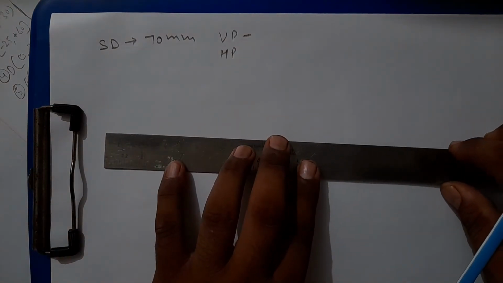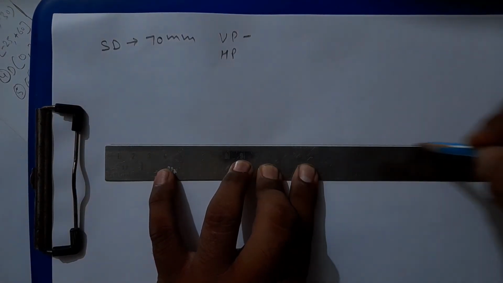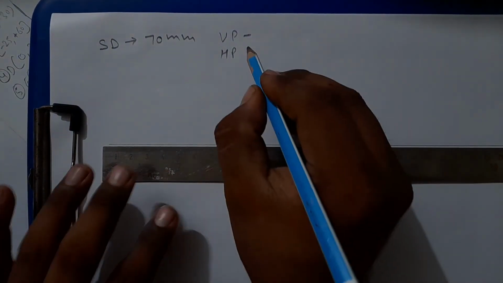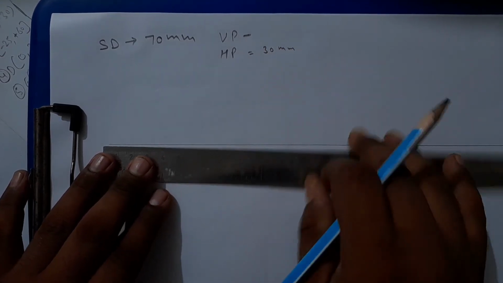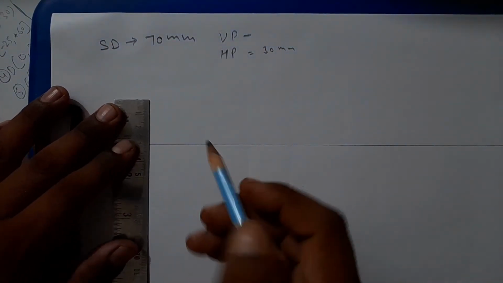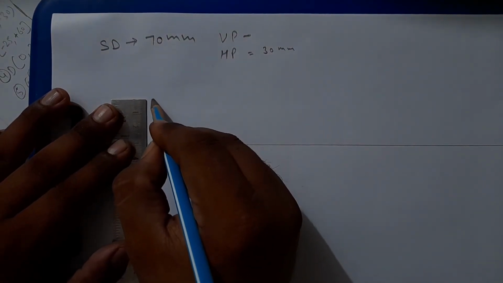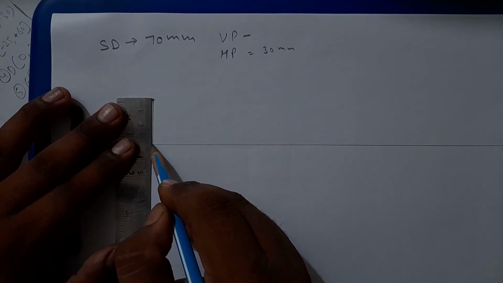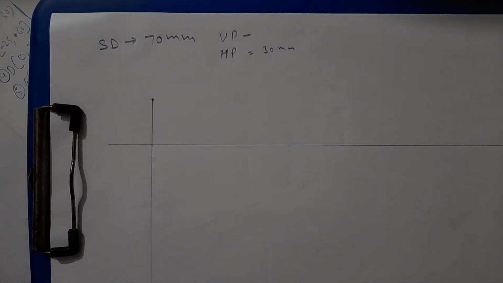Suppose the distance from HP is given as 30 mm. It means the front view is at a 30 mm distance, but we don't know about the top view. I am just taking an example line of projection, the lightest line. After that we will erase that.